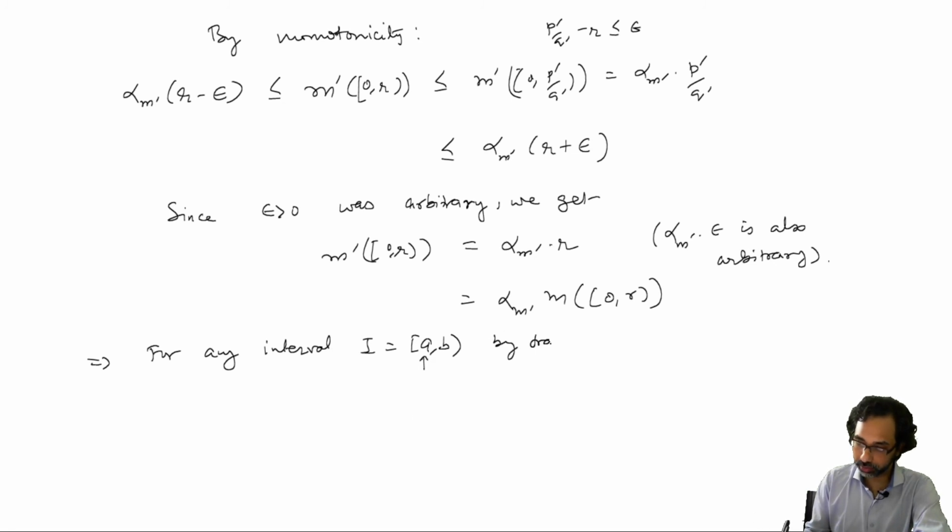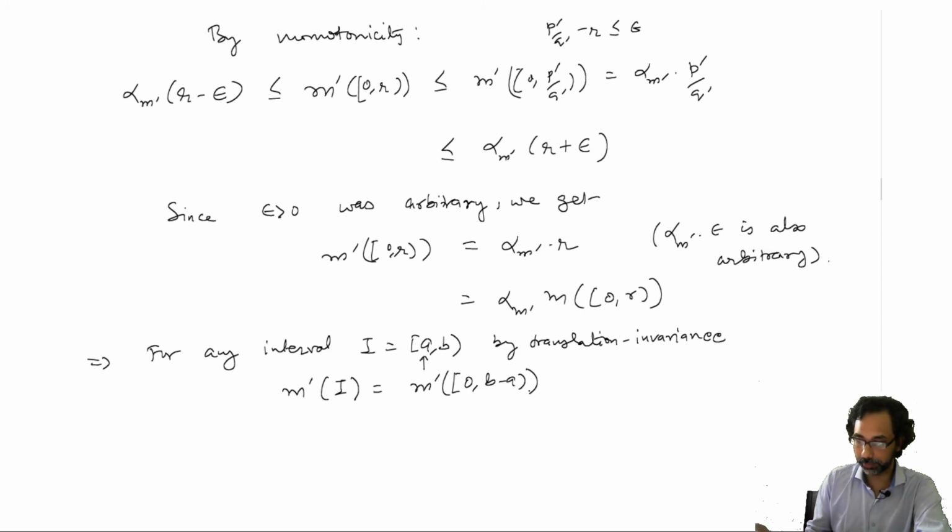So by translation invariance, M prime of I is equal to M prime of 0, b minus a. I am just shifting by a.